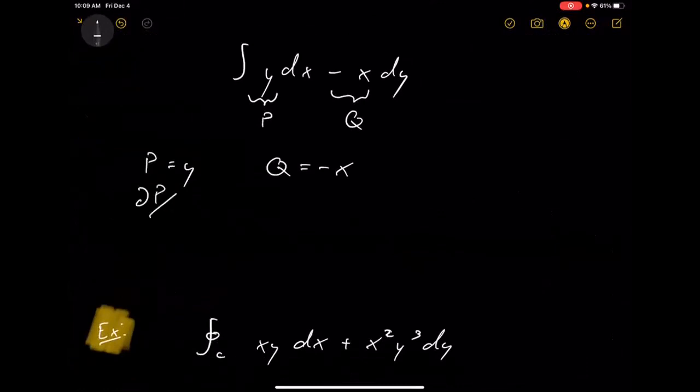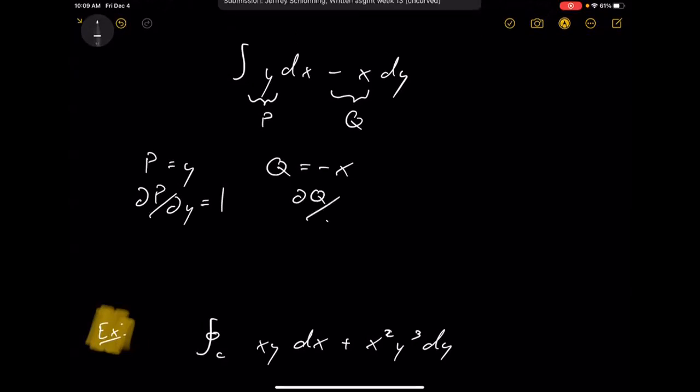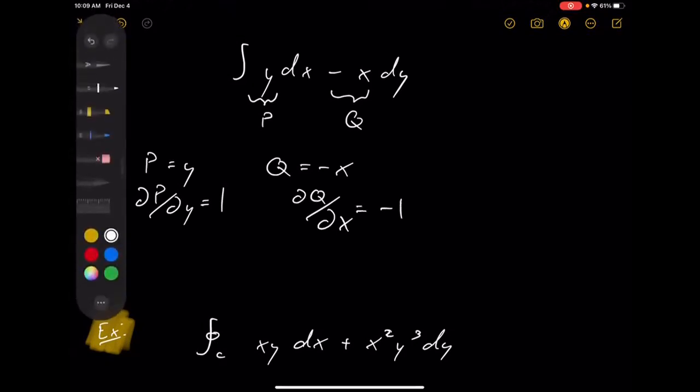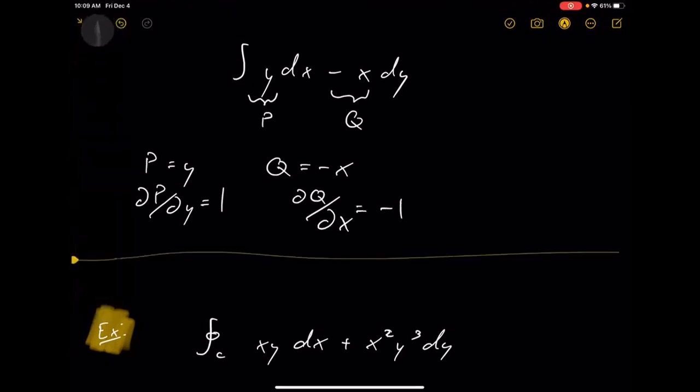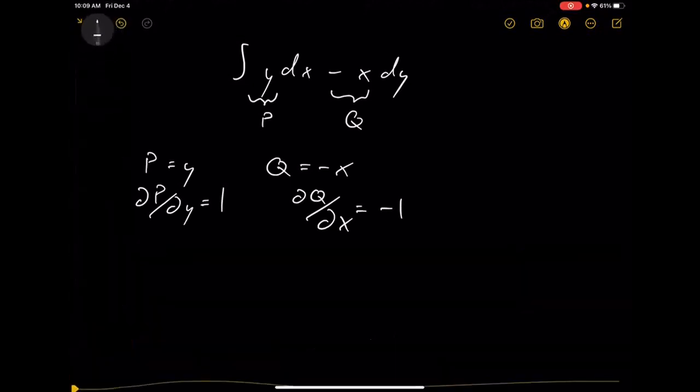What's ∂p/∂y? Well, that's 1. What's ∂q/∂x? That's negative 1. Okay. And then when I convert, what is my formula? Let's not worry about the region quite yet.